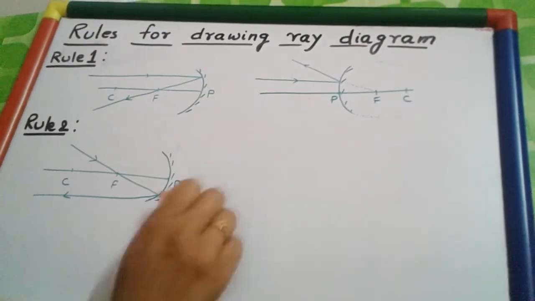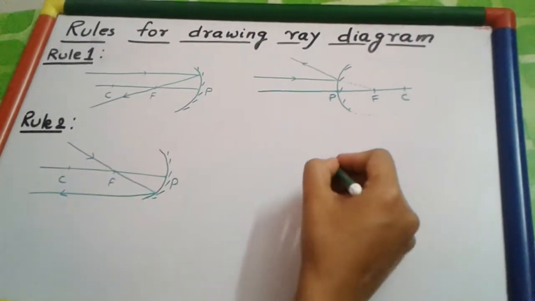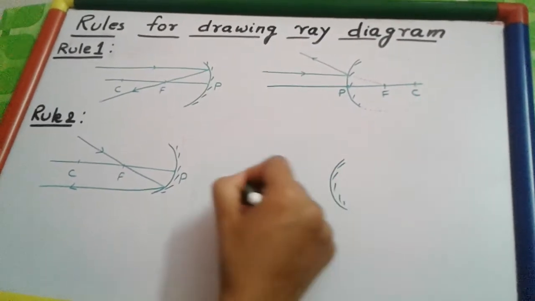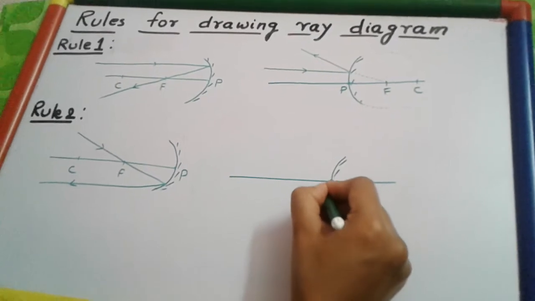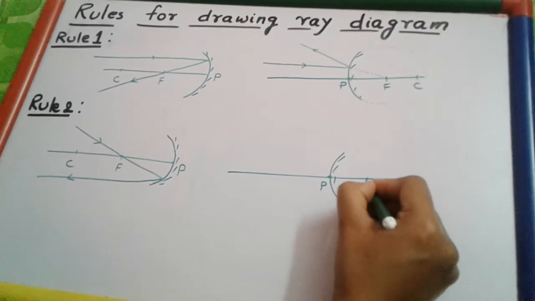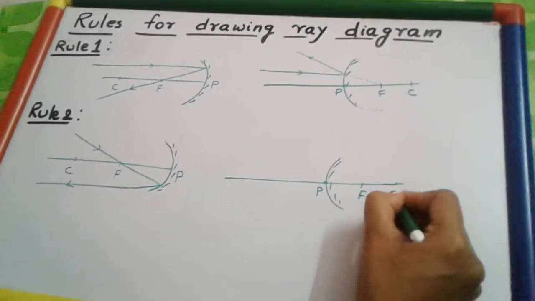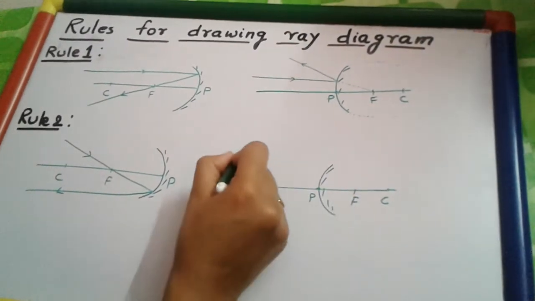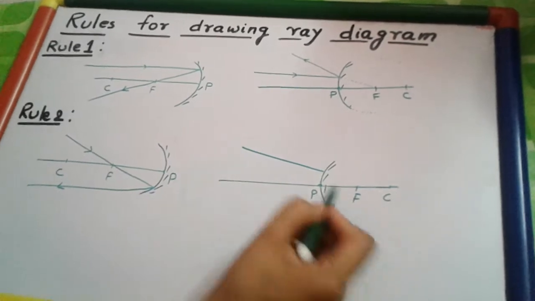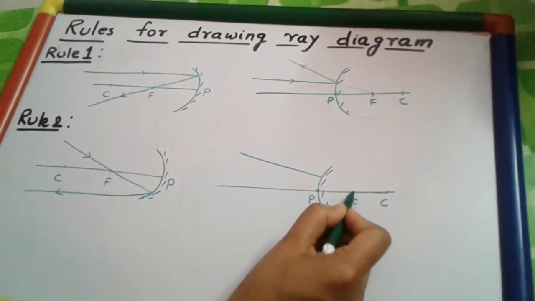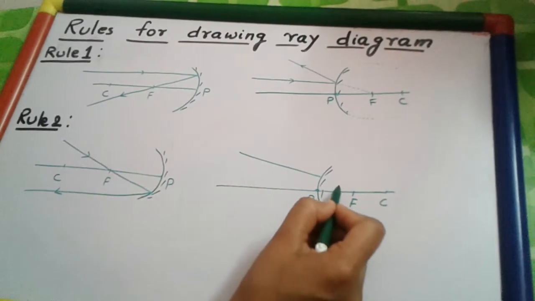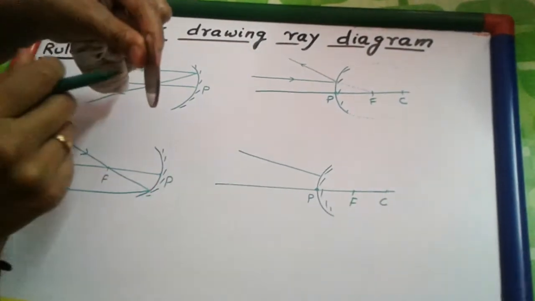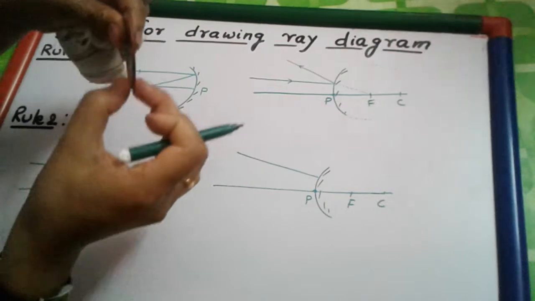The next one is just the reverse of it, that is the convex mirror. Here is the pole, this is the focus, this is the center of curvature, and the ray is coming toward the focus. Now see, it cannot directly hit here. Why? Because this is the back side, right? Just as I show you this mirror, if a ray comes from here, this is an opaque surface.